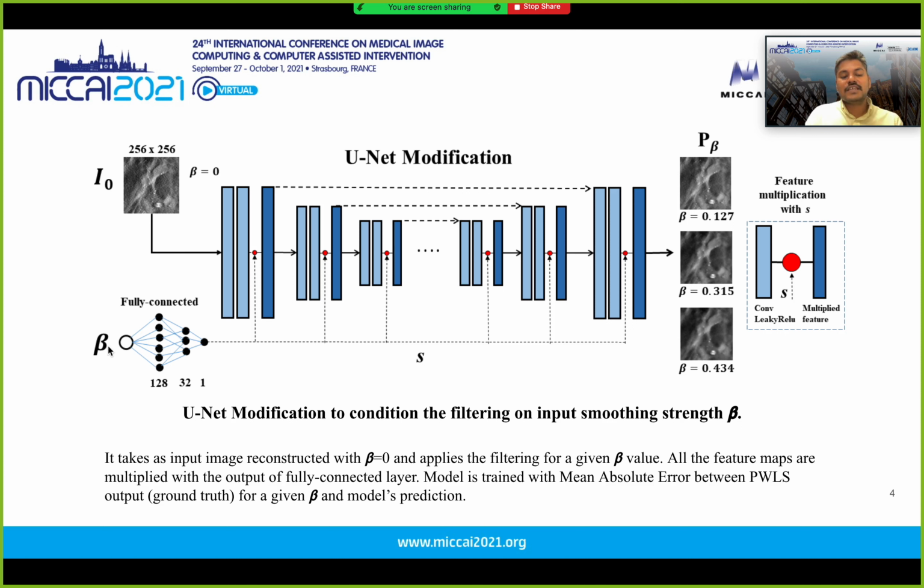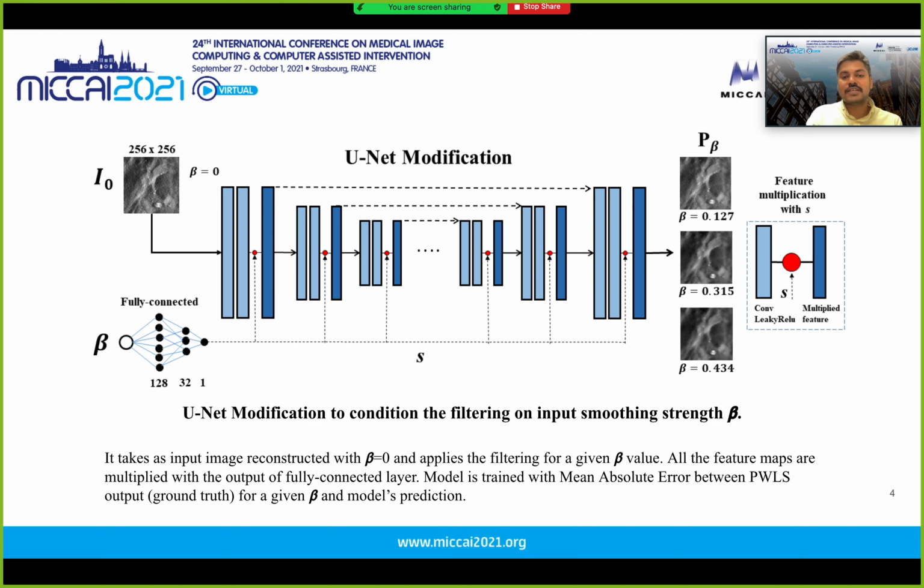Beta in this case passes through a fully connected layer, and all the feature maps in both encoder and decoder are multiplied by the output of this layer. In this way, a conditioning is applied on the given image such that the output is closely aligned to the PWLS output for that given beta.